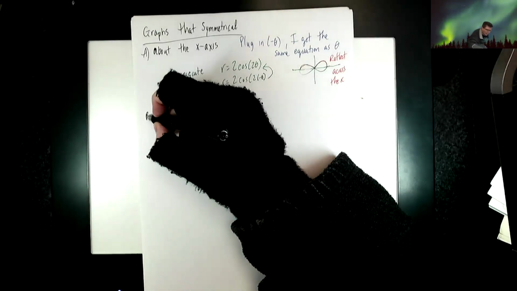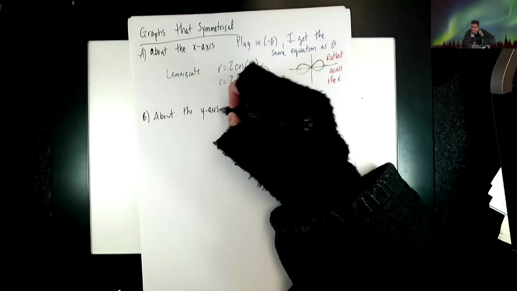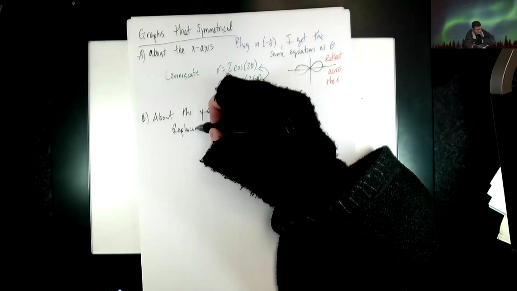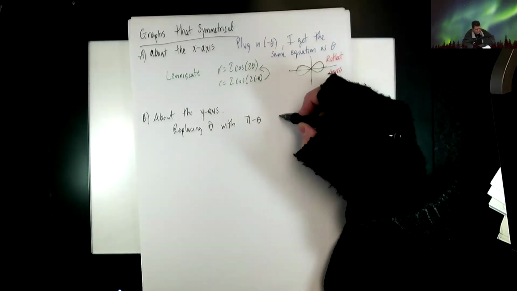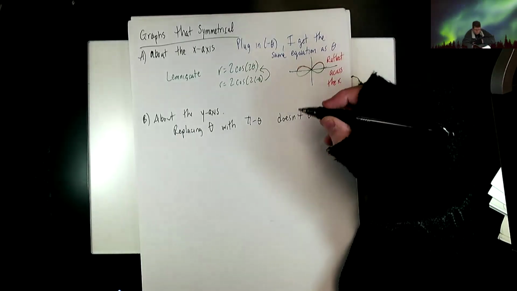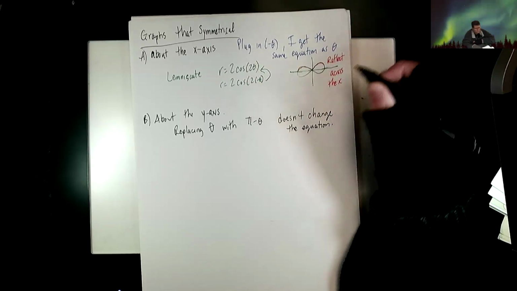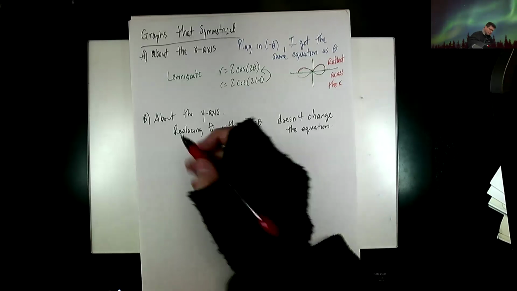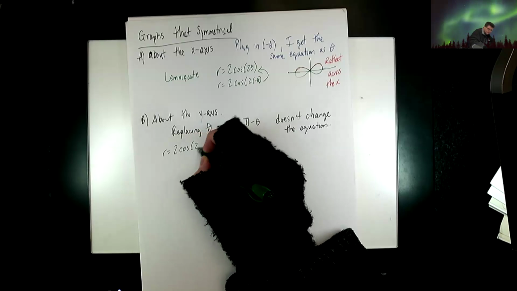If we want symmetry about the y-axis, replacing theta with pi minus theta doesn't change the equation. You can see R equals 2 cosine 2 theta falls in this category. 2 cosine 2 theta.